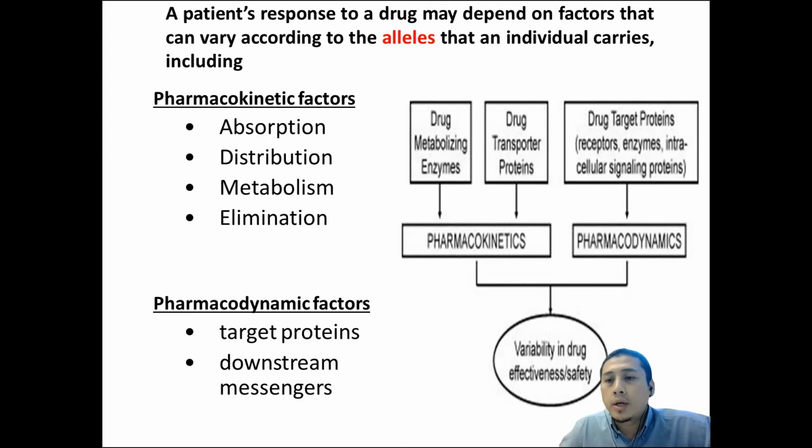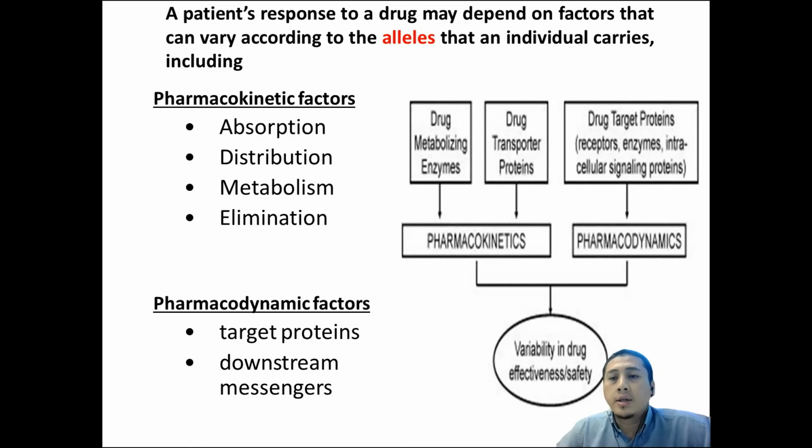And under pharmacodynamics, the drug target protein. As a rule of thumb, when you consume a drug, the drug will go into your body, will be absorbed, distributed, and metabolized. Then the drug will go to the target cells, and the target cells contain the receptors.